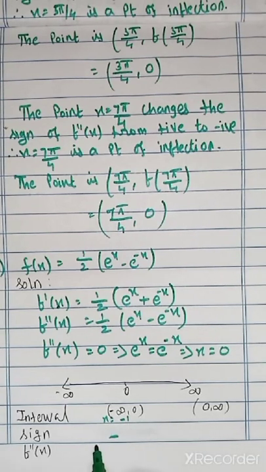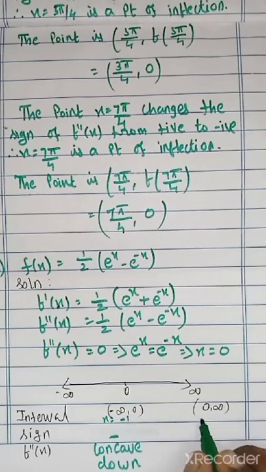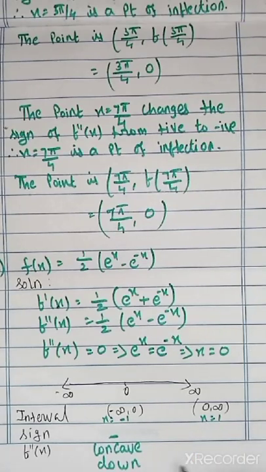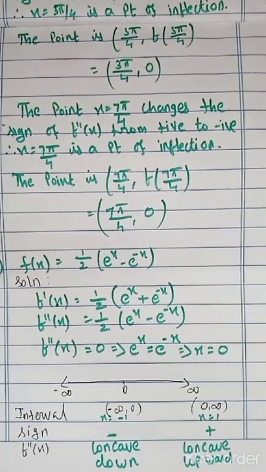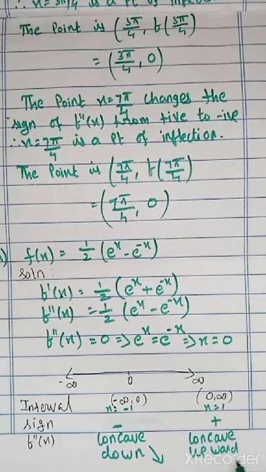So negative, it is concave down. Next, 0 to infinity, we can take x equal to 1. So obviously if you take 1 you will get positive. Therefore, it is concave upward. Okay? So concave downward is this arrow and concave upward is upward.